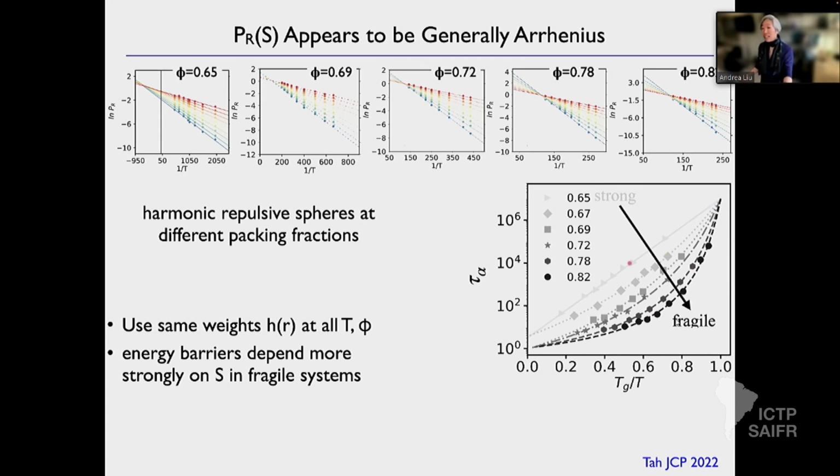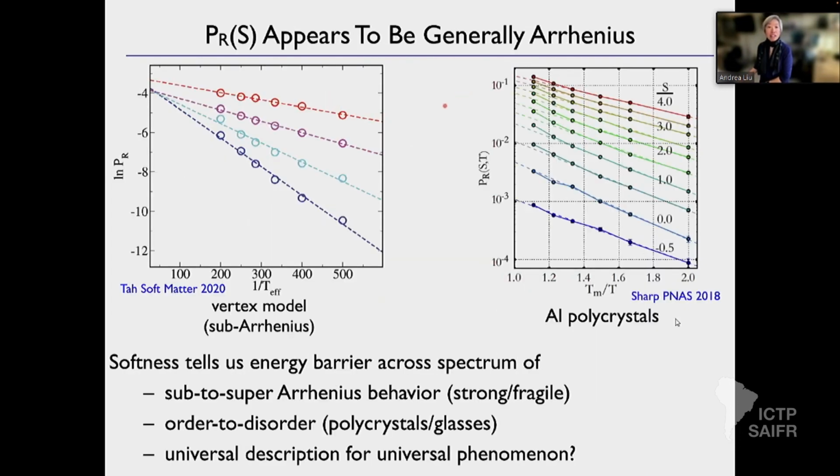So for all of these systems, one single hyperplane, and you see that change of behavior, and yet for each of them, the probability of rearranging at a given softness is a beautiful straight line. It's Arrhenius. Here's a system that's actually sub-Arrhenius. This is the vertex model of tissues used by Lisa Manning and others to describe biological epithelial tissues.